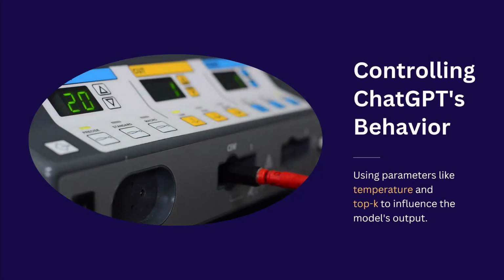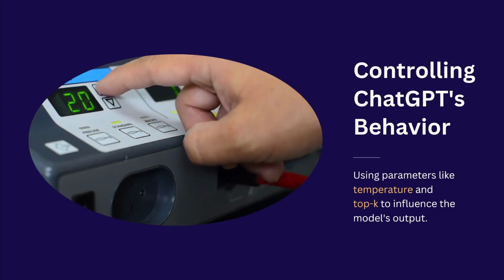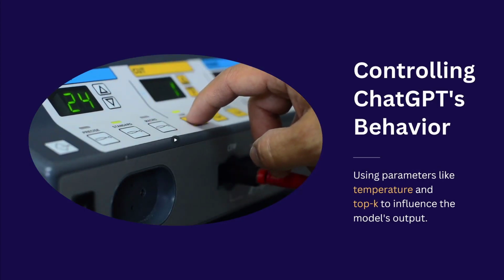But controlling ChatGPT's behavior also involves adjusting parameters such as temperature and top K to influence the model's output. The temperature parameter controls the randomness of the output, with high values leading to more diverse responses, and lower values making the output more focused, more deterministic.